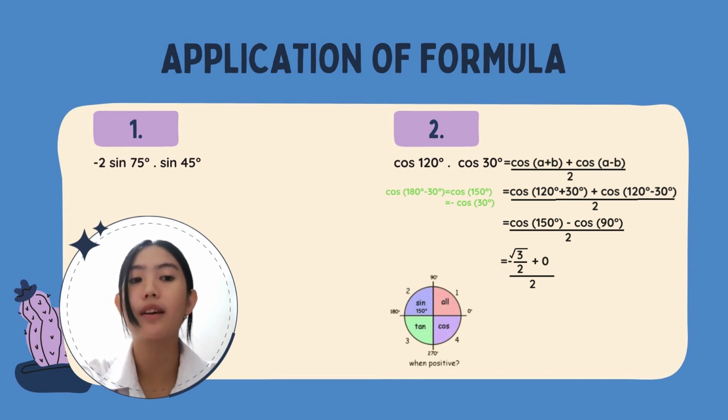Remember, we can change a division into a multiplication by switching the place of the numerator and the denominator. So we can write down negative root 3 over 2 times 1 over 2 because we switched the place. Then just multiply both of them and we're left with negative root 3 over 2 times 2, which equals 4.